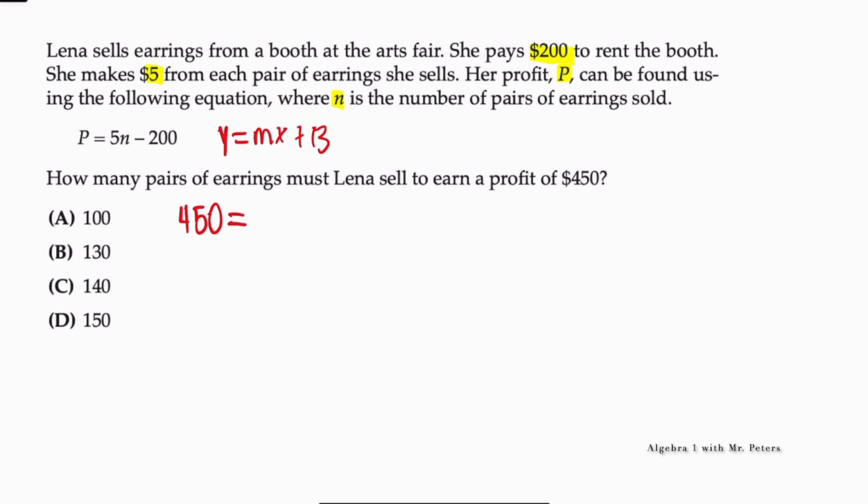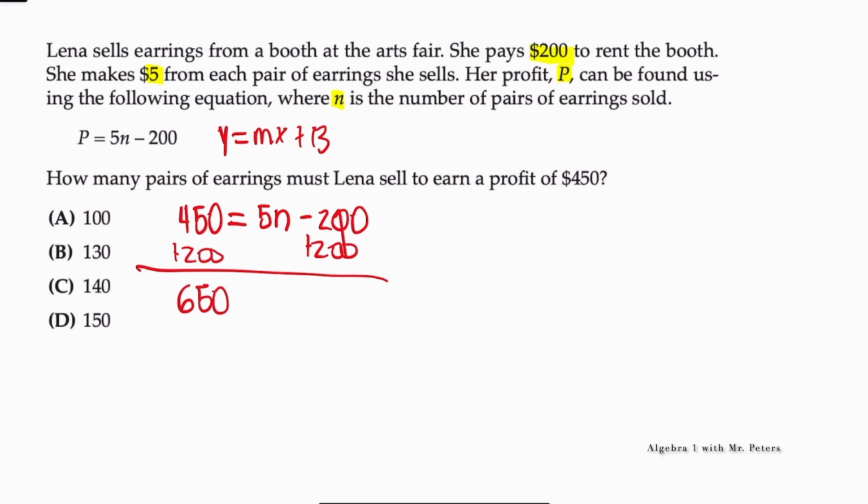How many earrings did she sell? So what we're looking for is basically N, and this is the equation we would use to solve. So we add 200 on both sides, right? We get 650 is equal to 5n, and after we divide both sides by 5, we get 130 is equal to n. So for Lena to make $450 profit, she has to sell 130 pairs of earrings.